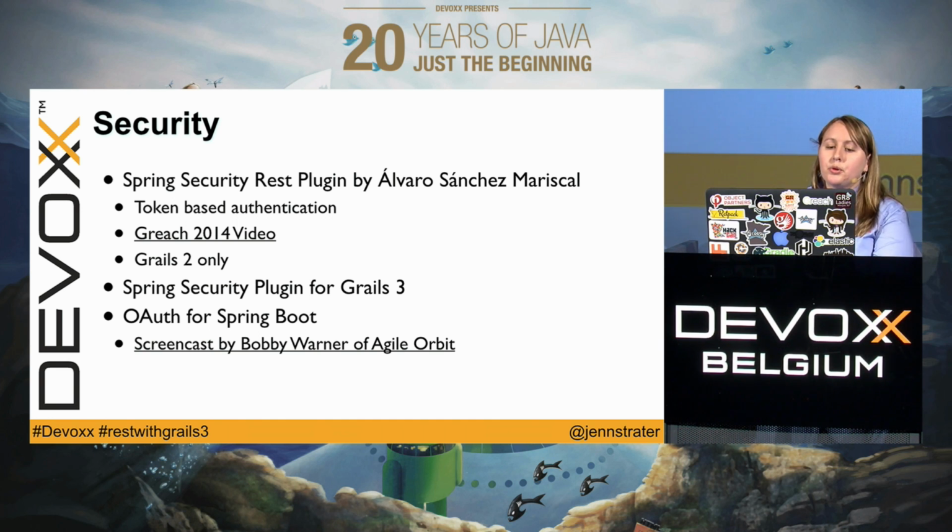Hopefully that'll get ported to Grails 3 now that the Spring Security plugin has been updated. But of course, you could go through with the current Grails Spring Security and wire it yourself. Another example of that is a screencast from Bobby Warner of Agile Orbit. There's a link in the slides that he goes through using the Spring Boot OAuth plugin, how to incorporate that into Grails.